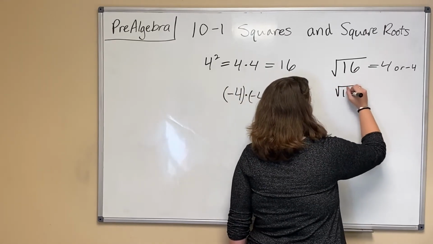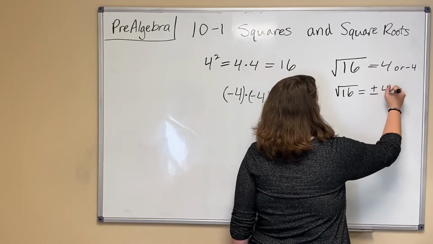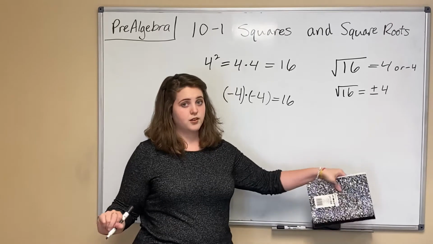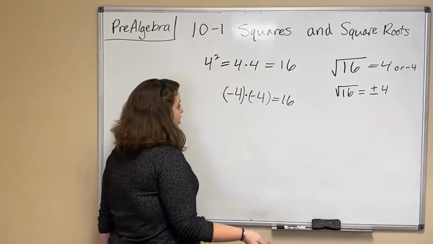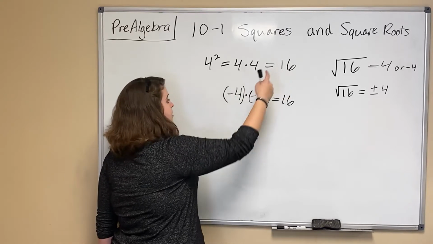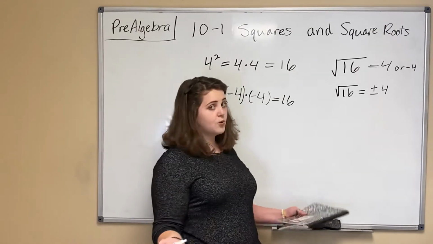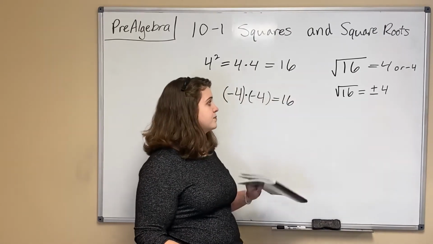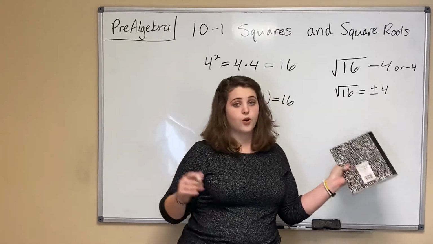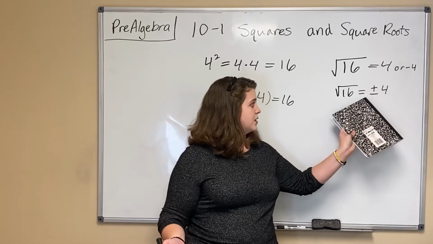The square root of 16 equals plus or minus 4. Positive or negative 4. Because we don't know if I multiplied positive 4 times positive 4 to get 16, or if I multiplied negative 4 times negative 4. Either way, I get positive 16, so the square root of 16 can either be 4 or negative 4. Instead of writing it all out, we just put plus or minus 4.